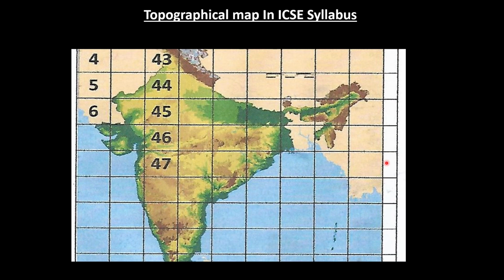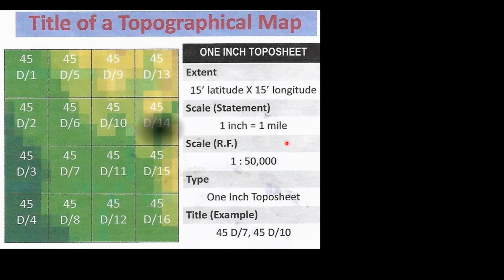In the topographical map of India, that is in the ICSE syllabus, we are going to study about 45, this particular grid. Now the topographical map 45 is divided into 16 divisions: 1, 2, 3, 4, 5, 6, 7, 8, 9, 10, 11, 12, 13, 14, 15, 16.